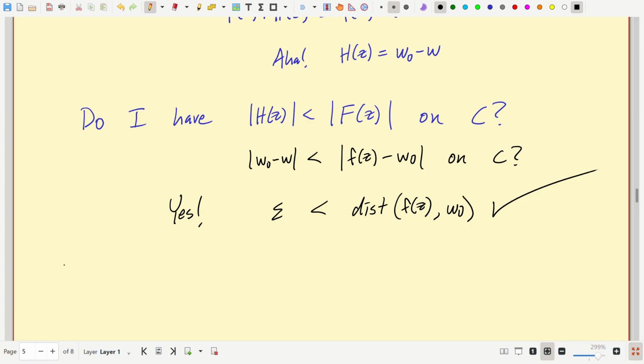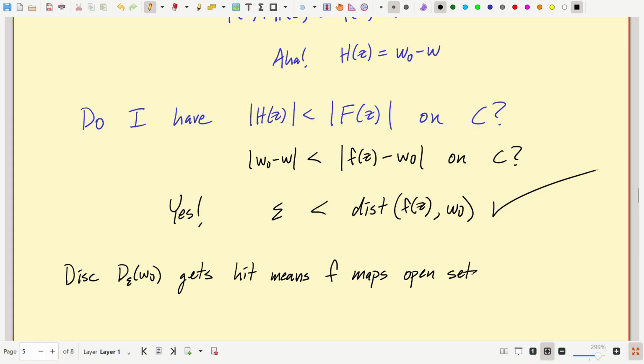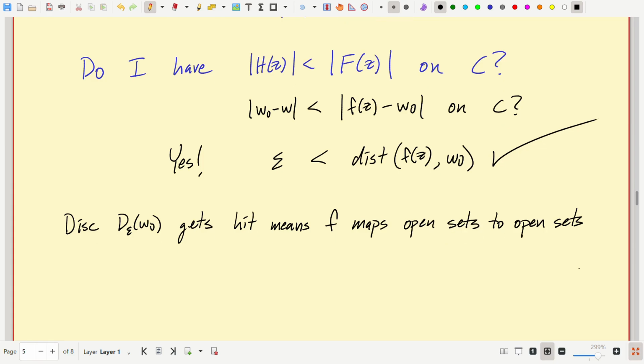The fact that that disk about w naught gets plastered, gets hit, means f maps open sets to open sets, since z naught was arbitrary.